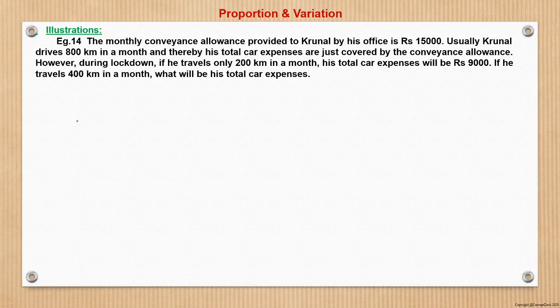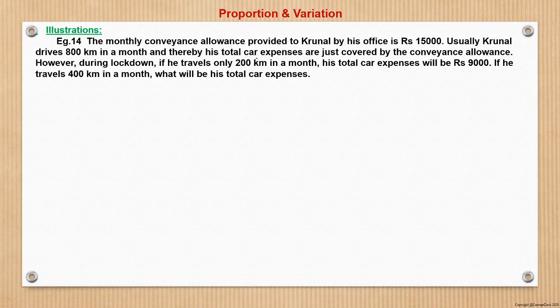Now question number 14 says if the monthly conveyance allowance provided to Kunal by his office is 15,000 rupees. Usually Kunal drives 800 kilometer in a month, and thereby his total car expenses are just covered by the conveyance allowance. That is 15,000.